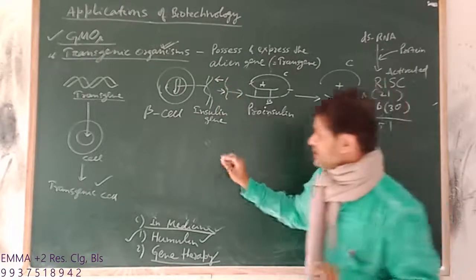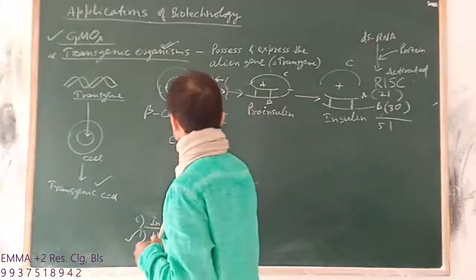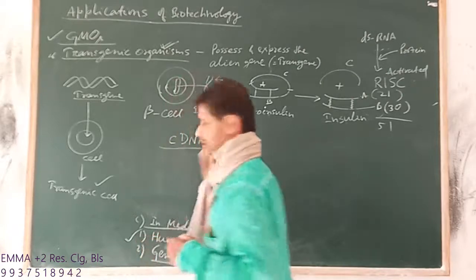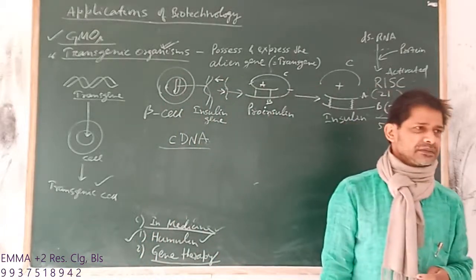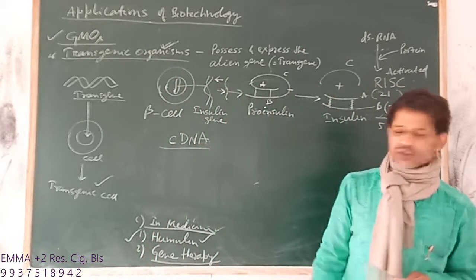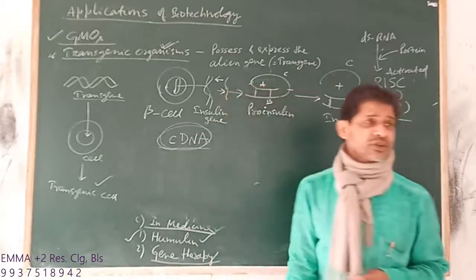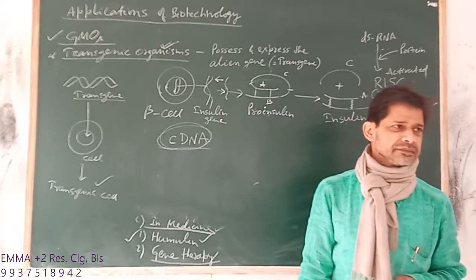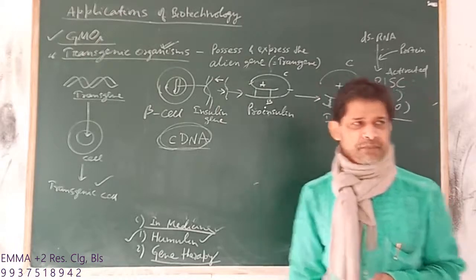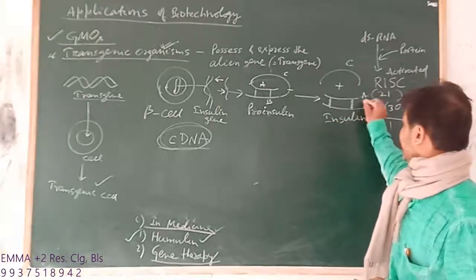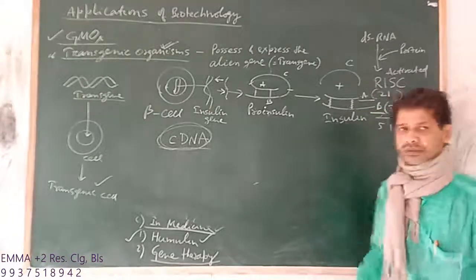So that gene is a cDNA. That artificially constructed DNA is prepared for the A chain as well as the B chain.